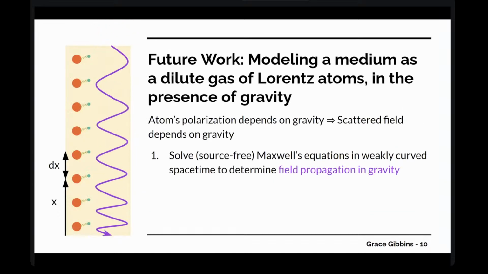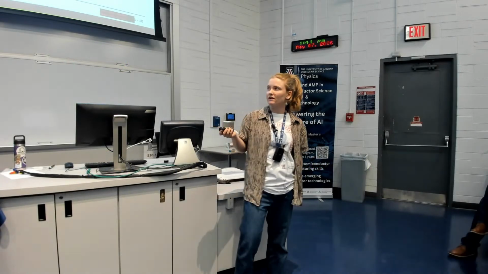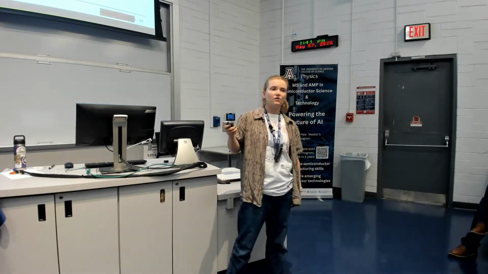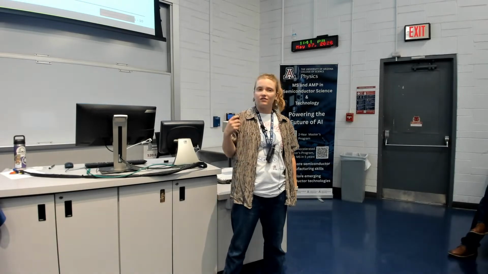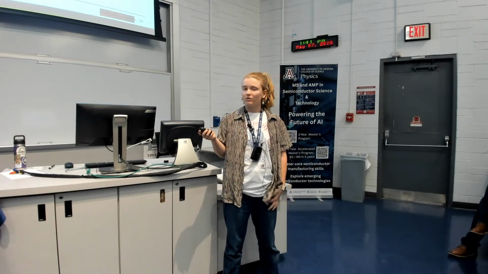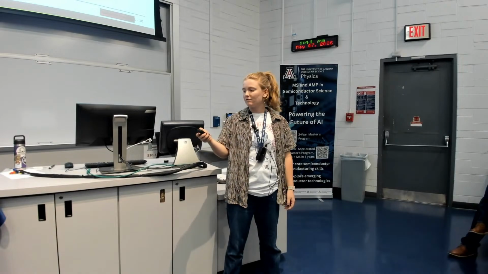For future work, what I'm working on after this is to continue this calculation. So finish solving that equation of motion, and then solve the source-free Maxwell's equations in the space-time to determine the field propagation in gravity itself.